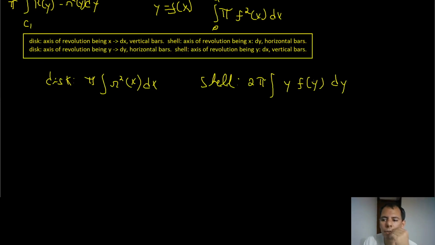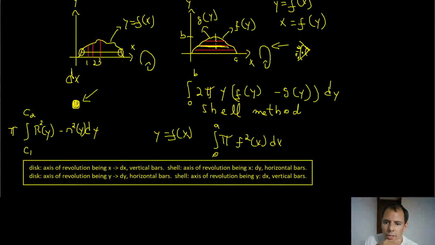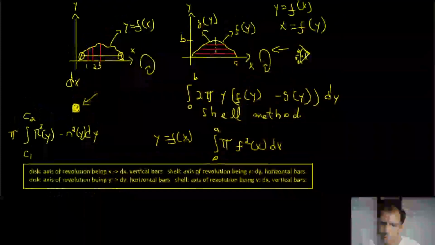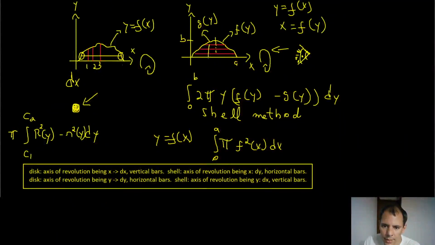Why do you have to have another y? This f of y is going to be the length of these bars, how long they are. This y here is going to be the distance, for example, this distance for the top bar, this distance for the middle bar. Because what you're doing is a shell, right?